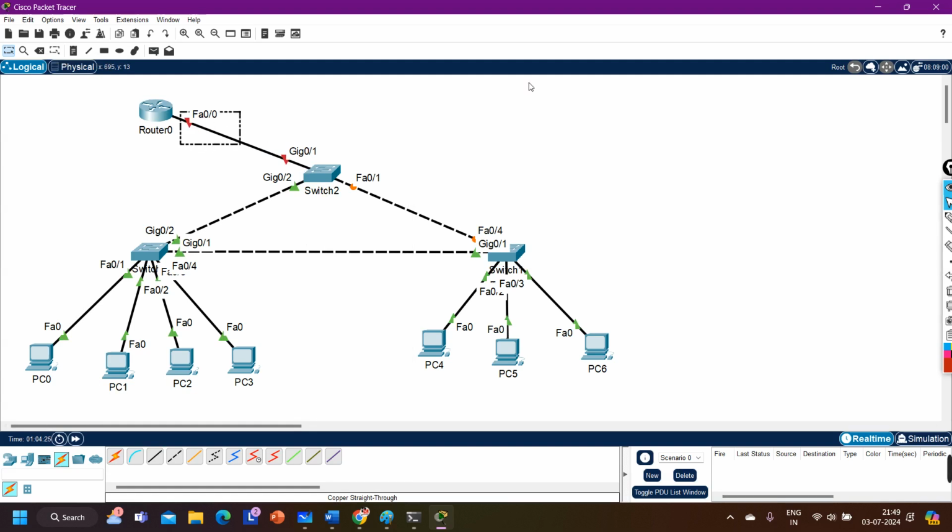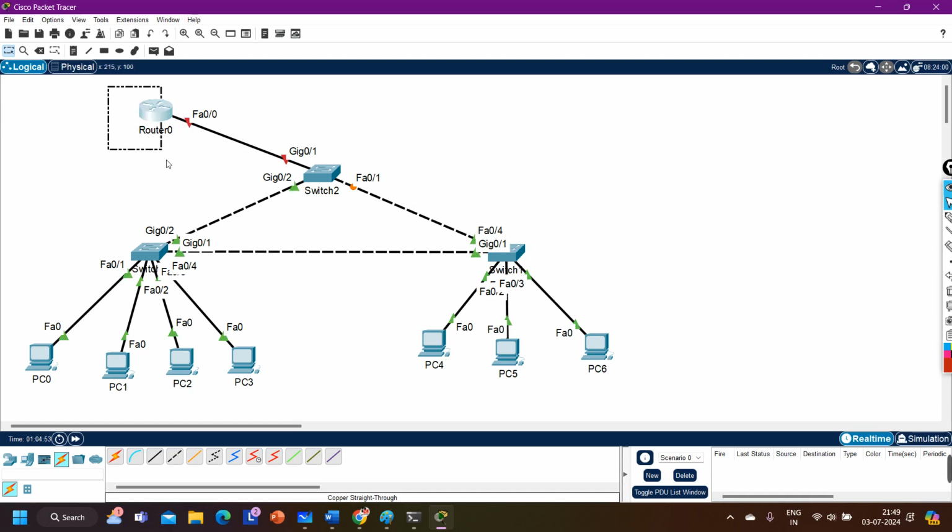The router interface is by default disabled. You can see the switch interfaces are up, right? But the router interface is down. So I'm going to replace the router as well, because I need 1 Gbps bandwidth, but this router doesn't have the capability.